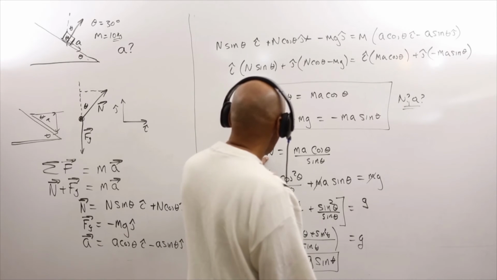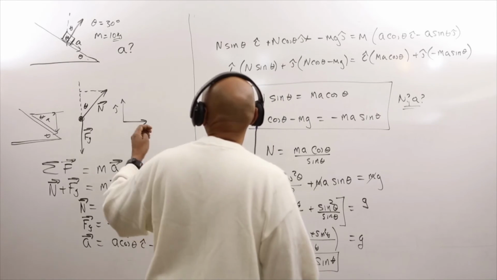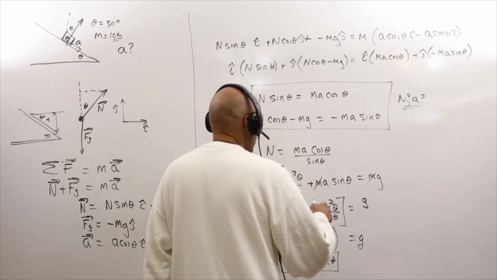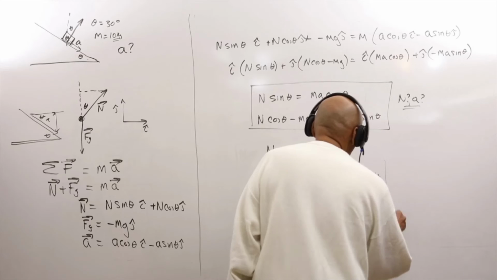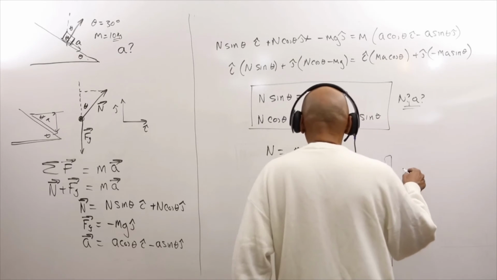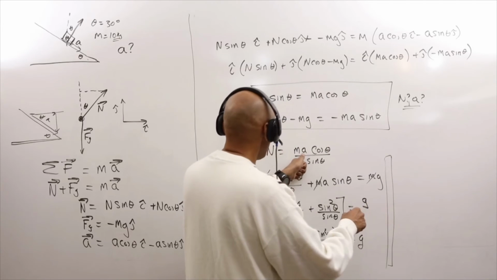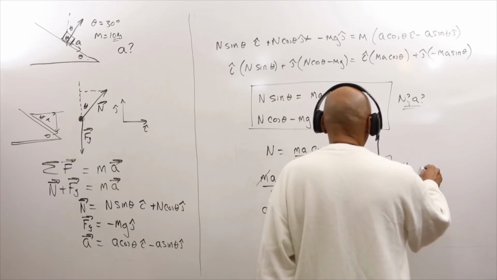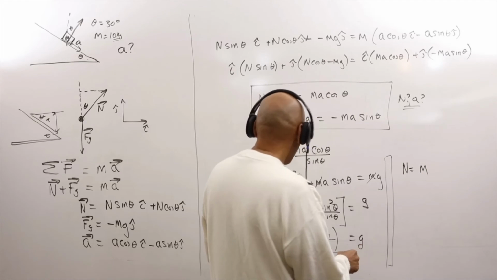Now if we need to go back and solve for the normal vector, if you wanted to find the normal force that's pushing up on a diagonal, of course, it's perpendicular, then we can back substitute this answer into here. And let me do that anyway, since I just need to find the acceleration, but let's do the normal anyway just because we can. So substituting g sine theta into here, we'll get that the normal force is nothing more than m times a, where a is g sine theta.